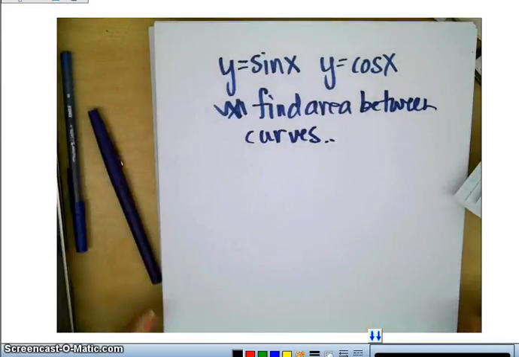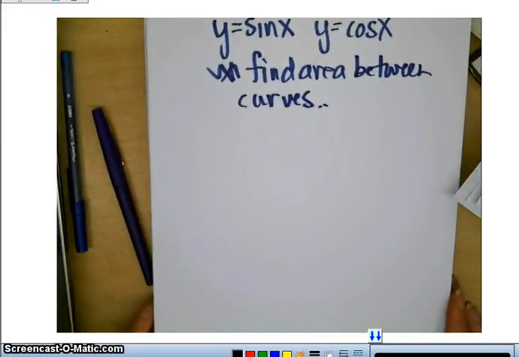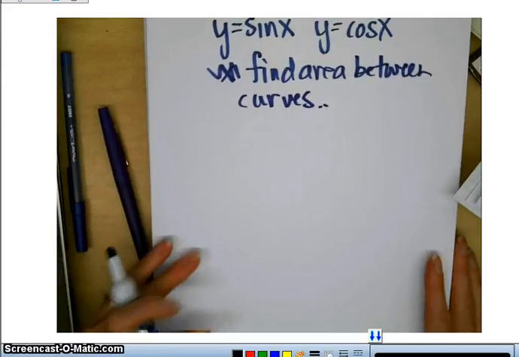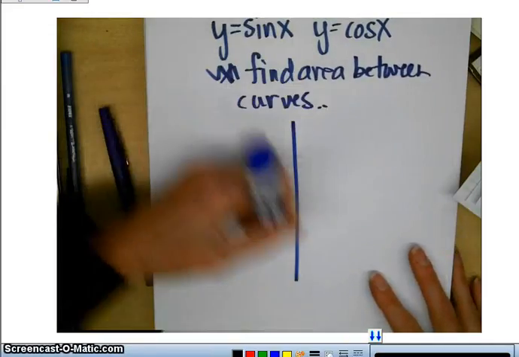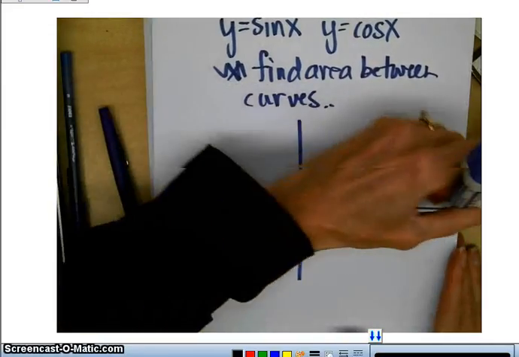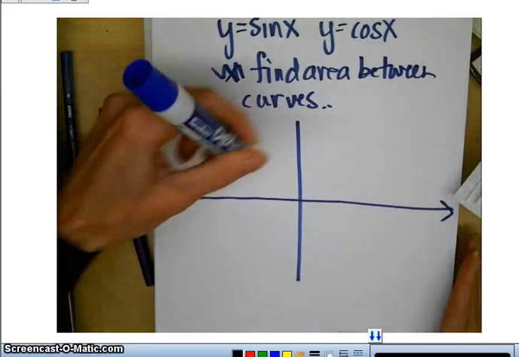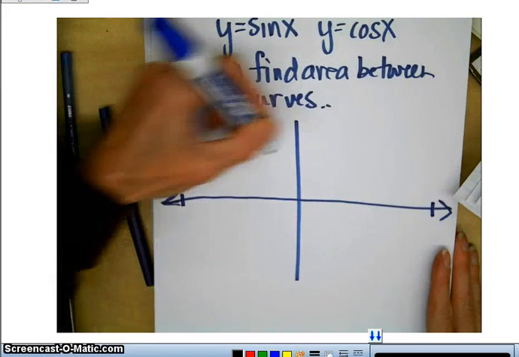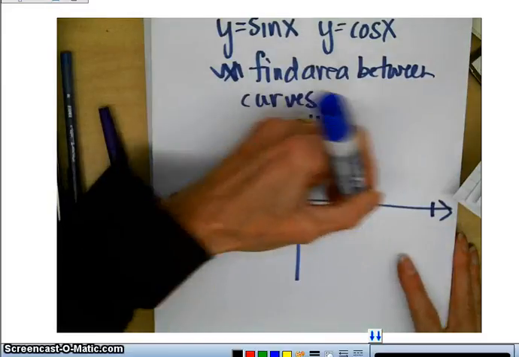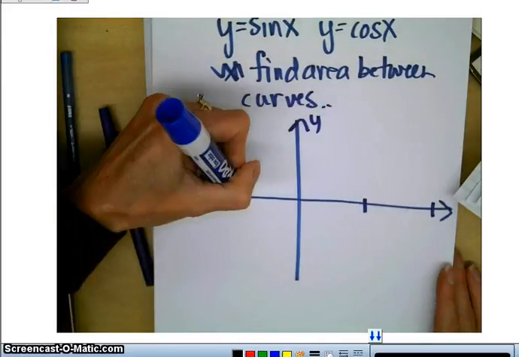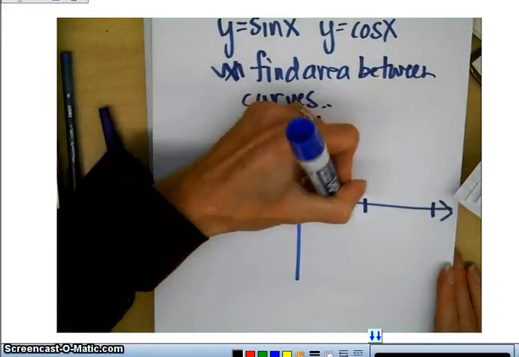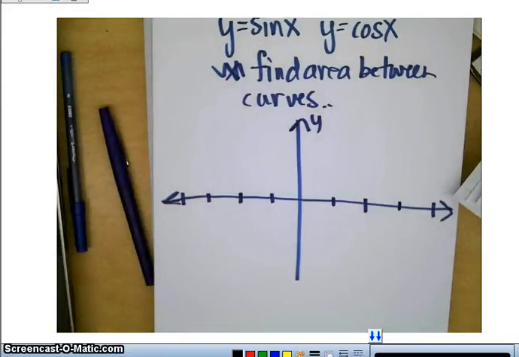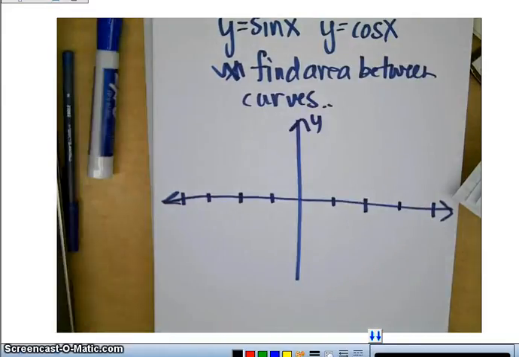And I'll add a little something to that after we look at the graph. But first, we need to graph it. Do you know what the graphs of sine and cosine look like? Yes, you do. They're curves. So I'm going to draw one full period on each side of the y-axis. Each of these marks is a multiple of, let's see, this is 2 pi.